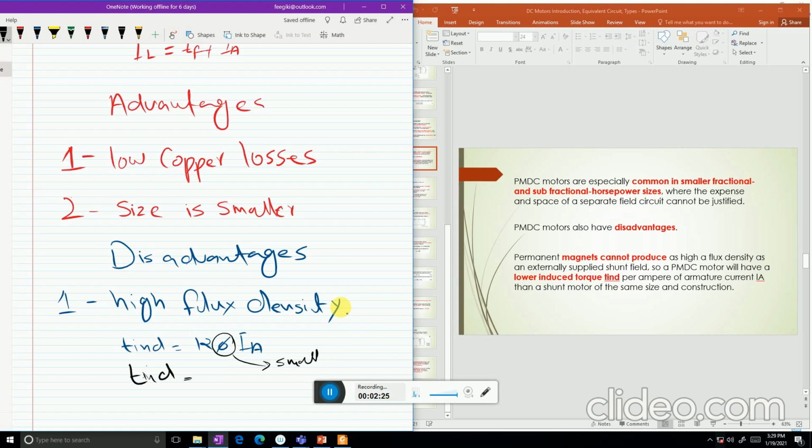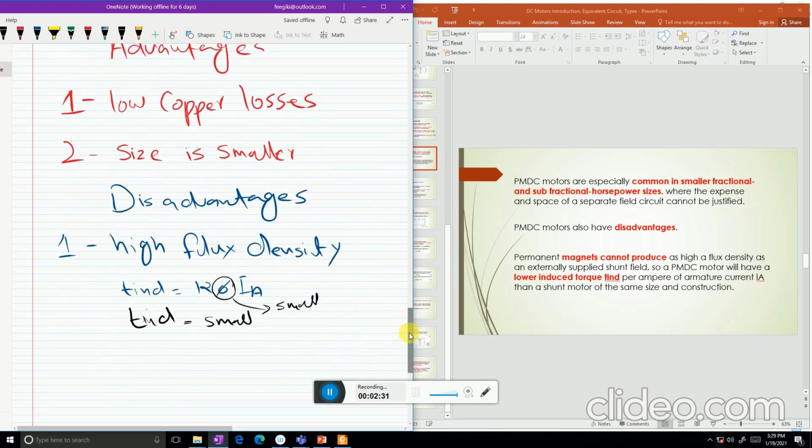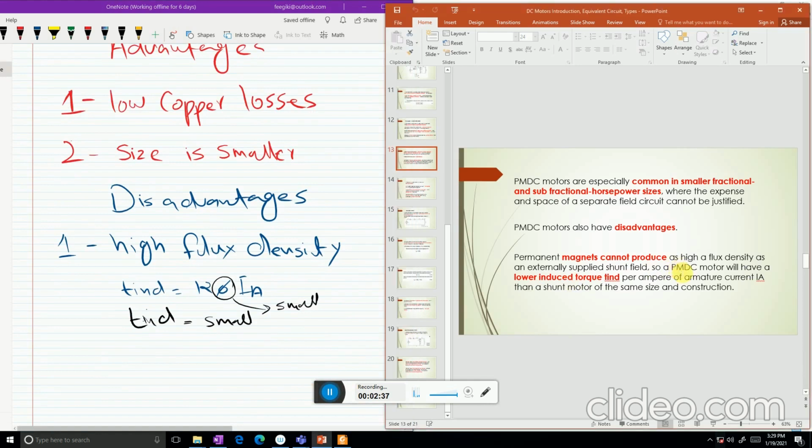So in PMDC, the same rating of motor produces small torque. A PMDC motor will have a lower induced torque per ampere of armature current Ia than a shunt motor of the same size and construction.